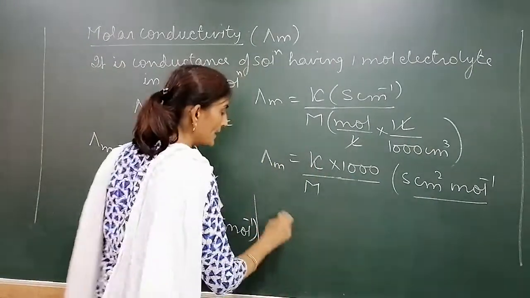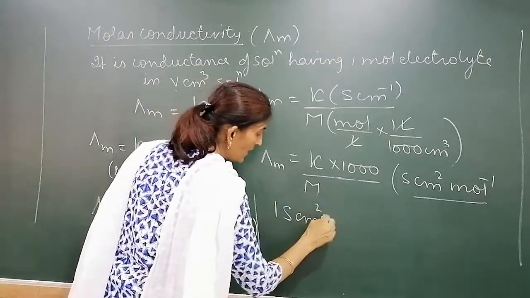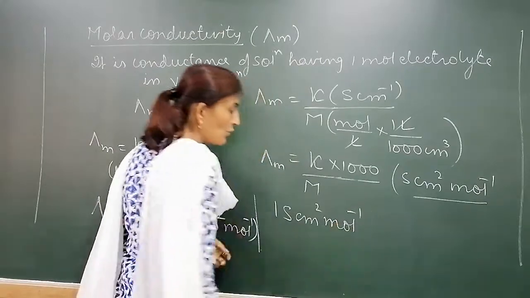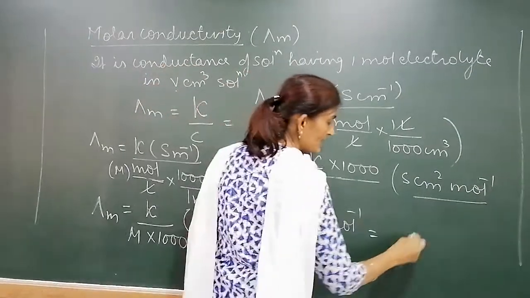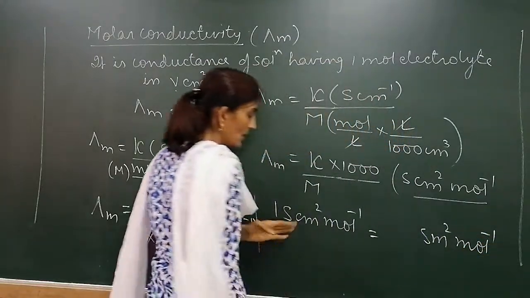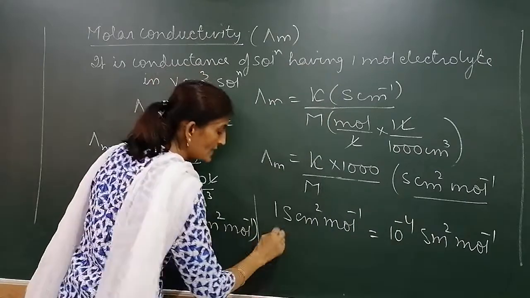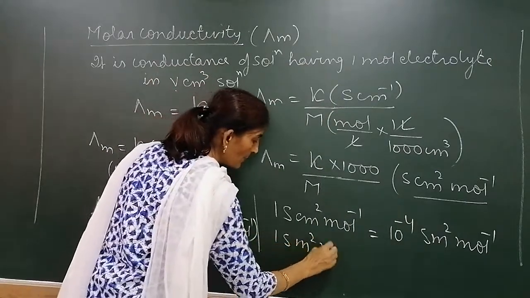Or we can also convert like this. 1 Siemens centimeter square per mole. Suppose you want to convert it into Siemens meter square per mole. What do we have to do? It's centimeter to meter, we have to multiply by 10 to the power minus 4. And suppose we have Siemens meter square per mole.